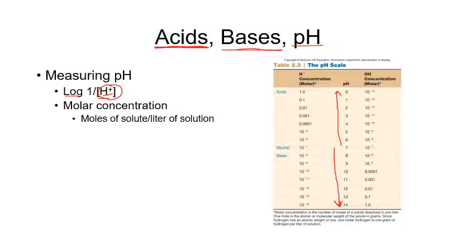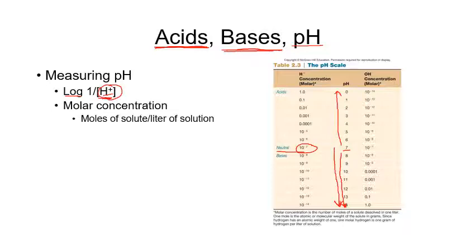Water, if you remember, ionizes at 10 to the negative 7. If you put that concentration in here, 10 to the negative 7th, and did the calculations, you would come up with a pH of 7. Anything on the pH scale above 7 would be considered basic, or you will also hear the word alkaline.